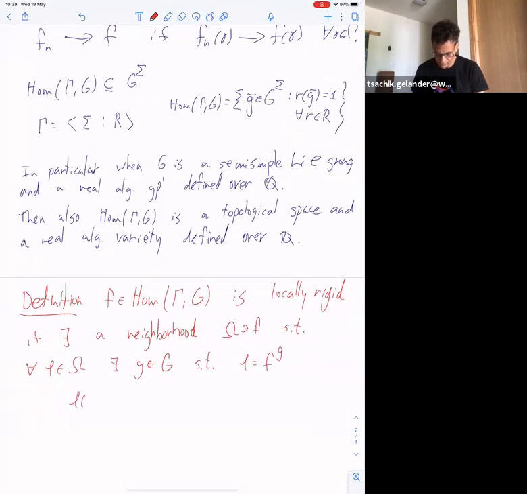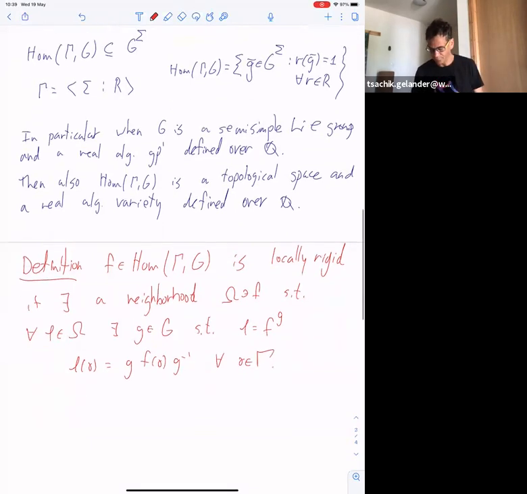That means φ(γ) = g F(γ) g^{-1} for every γ in Γ. Then this homomorphism is called locally rigid.